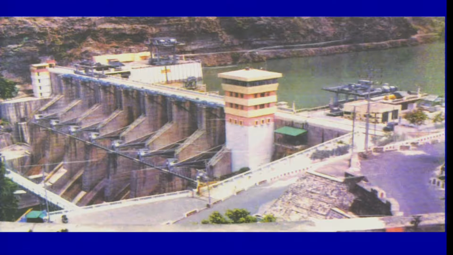Okay. Now, this is just a photograph which we took of a small dam structure. It is a gravity dam on one of the tributaries of the Yamuna close to Dehradun, and what we found here was extremely important.